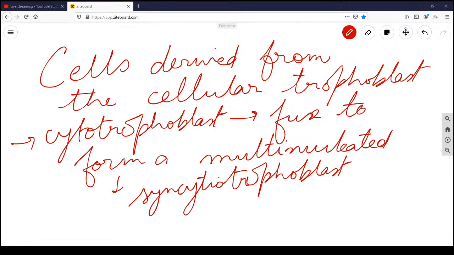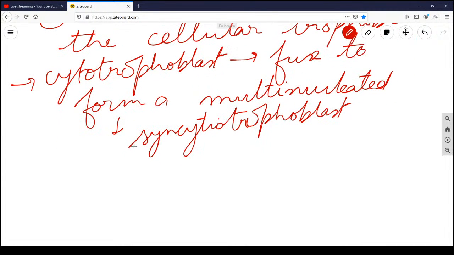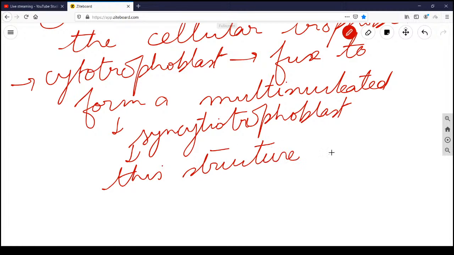Now, although only a small area of syncytiotrophoblast is evident at the start of implantation, this structure will surround the entire embryo, as I had shown you in the image. This happens at the animal pole only.